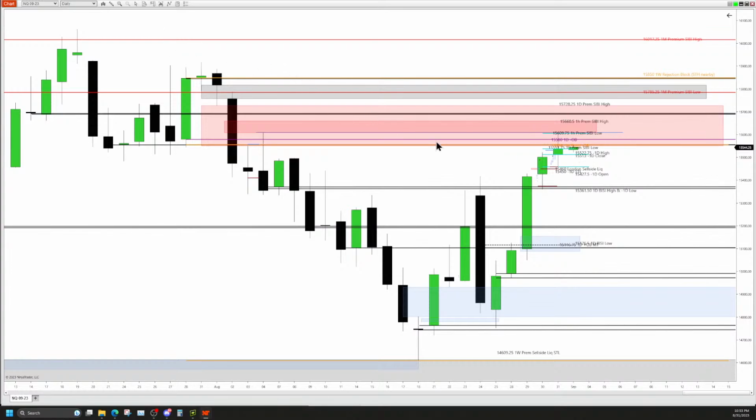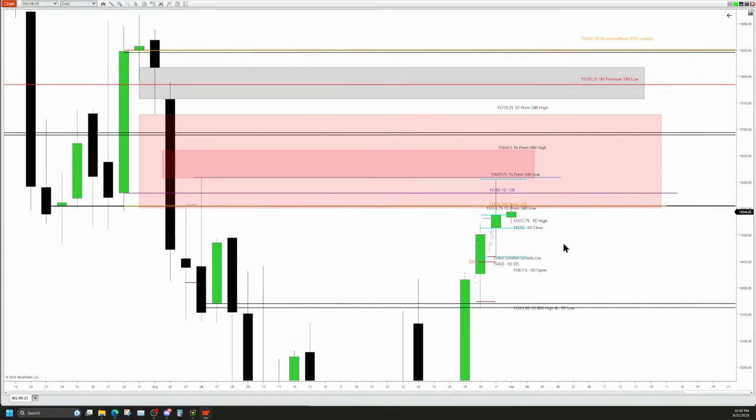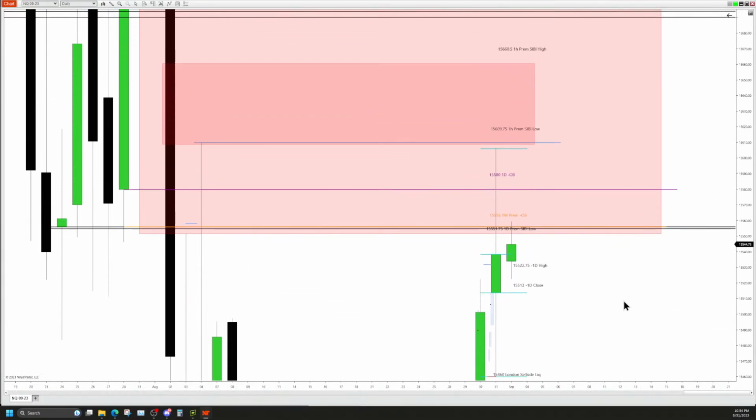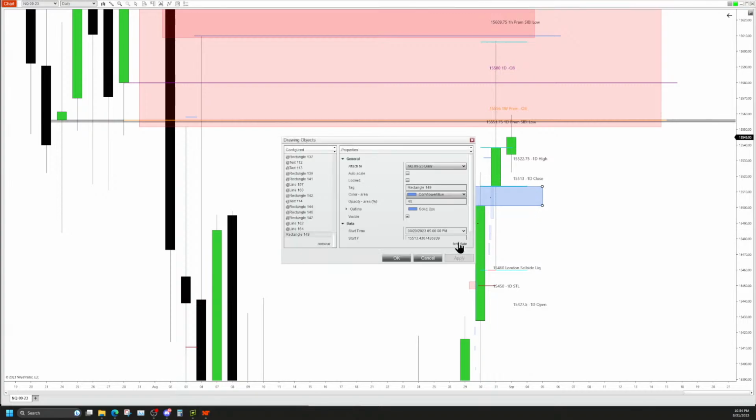All right, so let me see if I want to mark these volume imbalances. I think I'm going to mark these just so that I have them on my chart here.